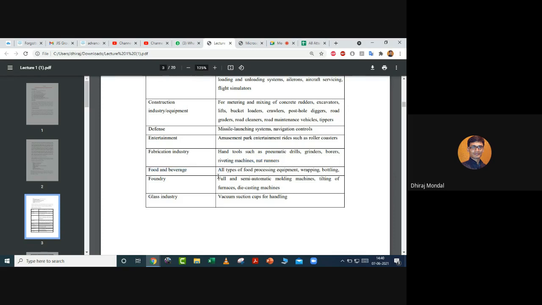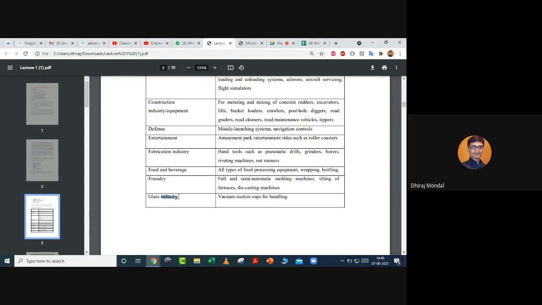Then in food and beverage, all types of food processing equipment, wrapping, bottling. Then in foundry you will see full and semi-automatic molding machines, tilting of furnaces, die casting machines, etc.